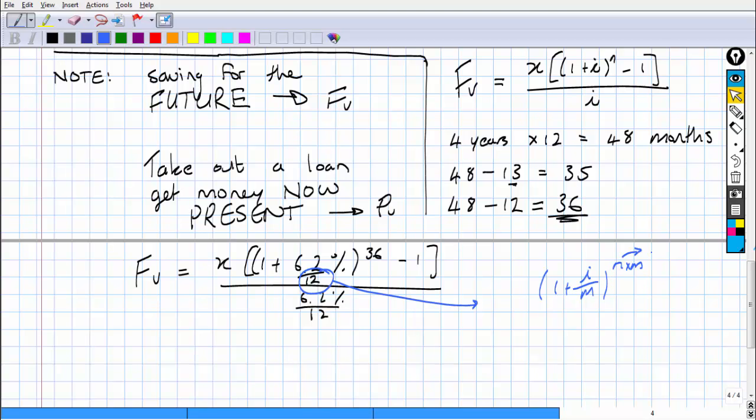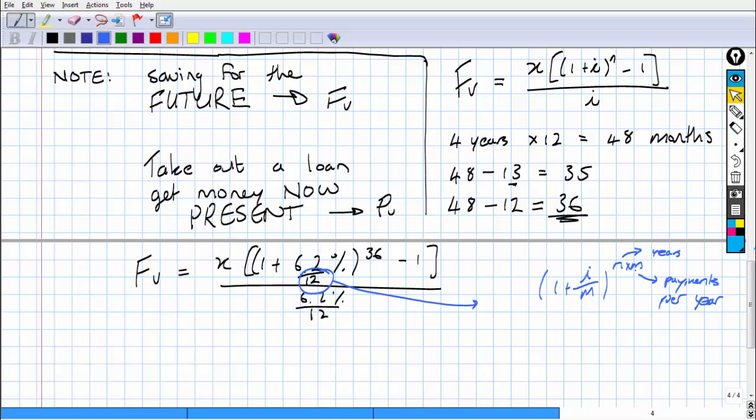So n is the number of years and m is the number of payments per year. So if we had said you're compounding quarterly, then there are 4 quarters in a year, so it is times 4. If we are compounding every trimester, there are 3 trimesters, so m would be 3.